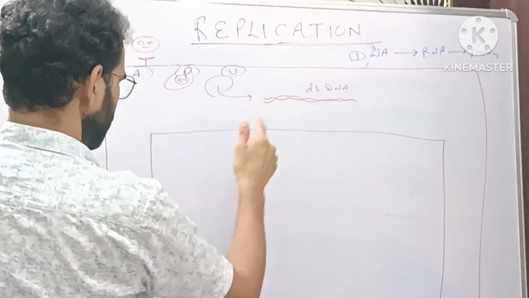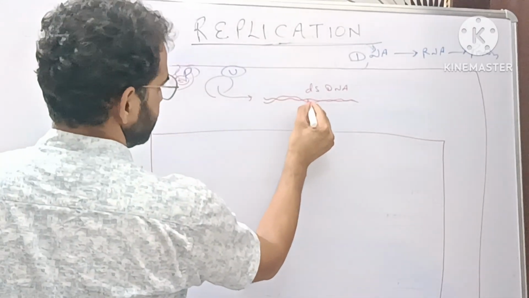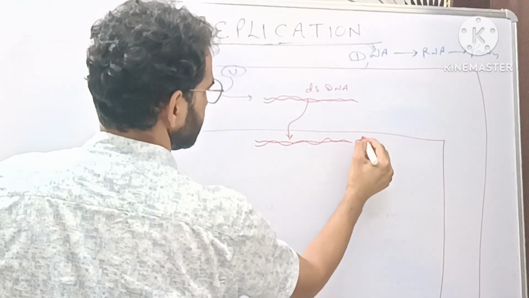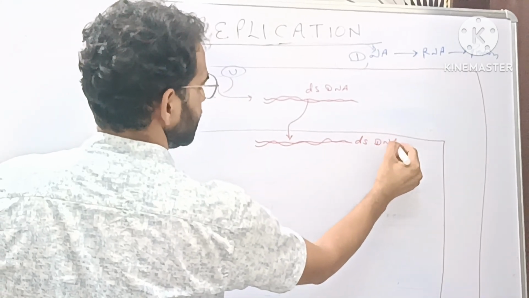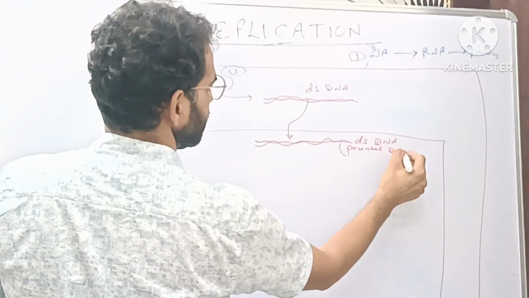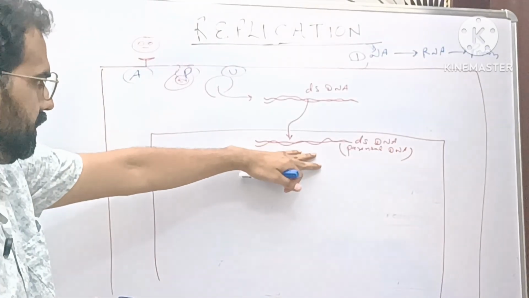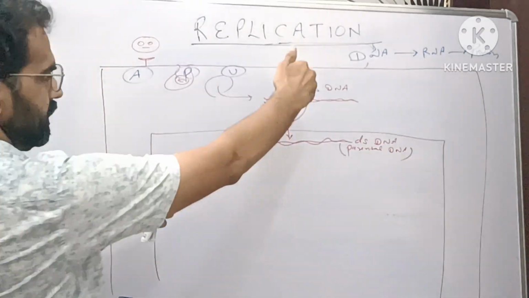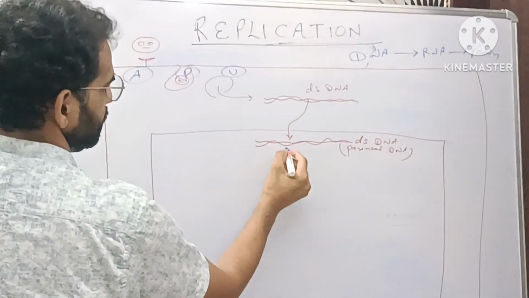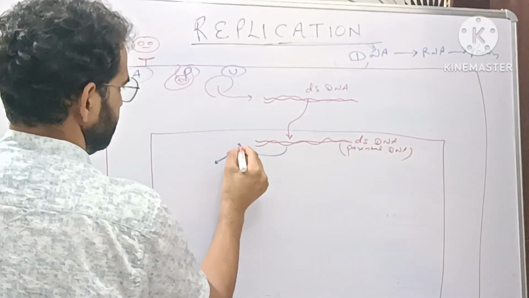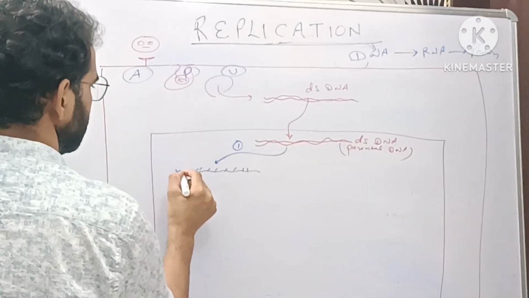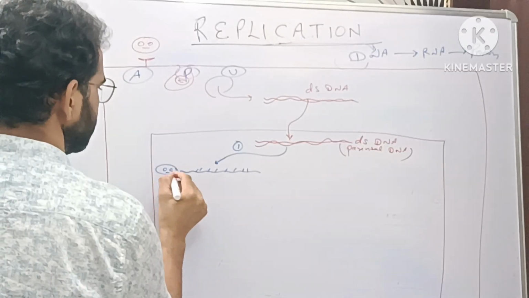So after this uncoating step, this genomic double-stranded DNA enters the nucleus. This double-stranded DNA is the parental DNA. Once it enters the nucleus, the first step, number one, is formation of messenger RNA.